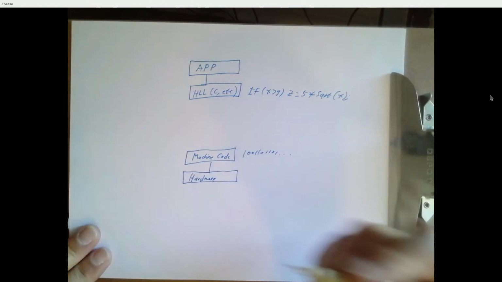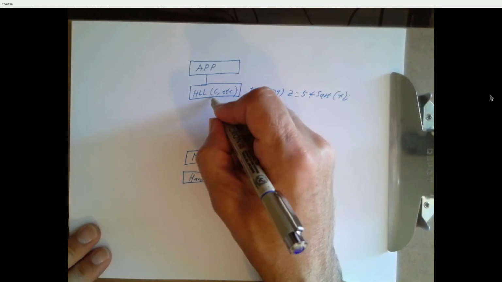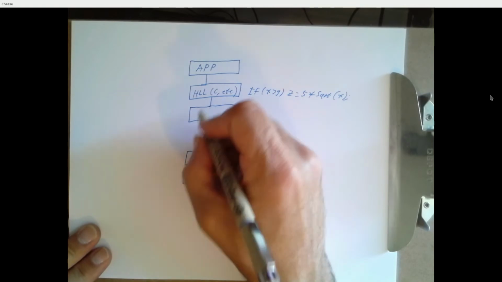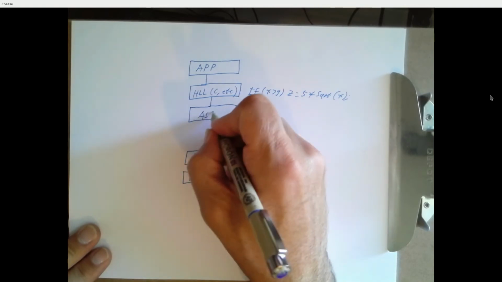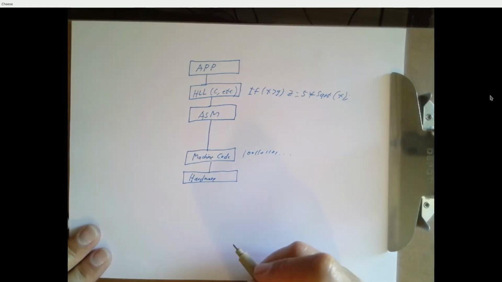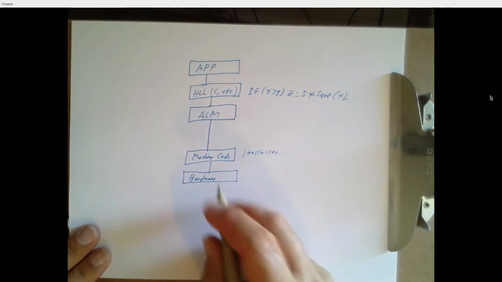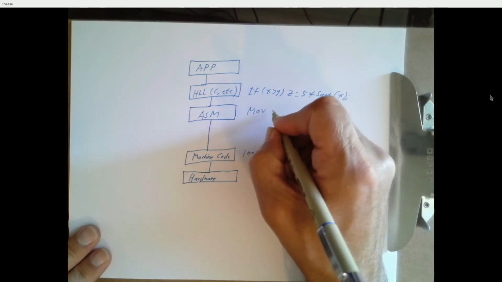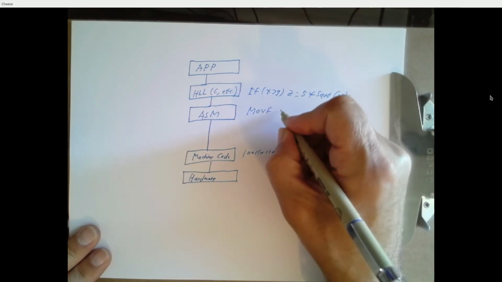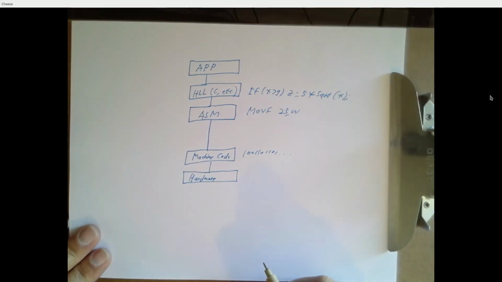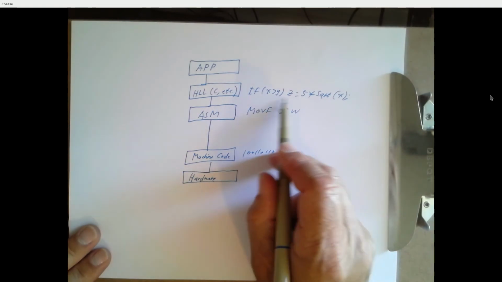So how do we get from C to machine code? Well, we go through a process called compiling, which turns C into something called assembly language. And then we can take that assembly language and run it through something called an assembler to get machine code. So assembly language is something like MOVF 23, W. It's still kind of human readable, but it's a far stretch from a high-level language statement, right?